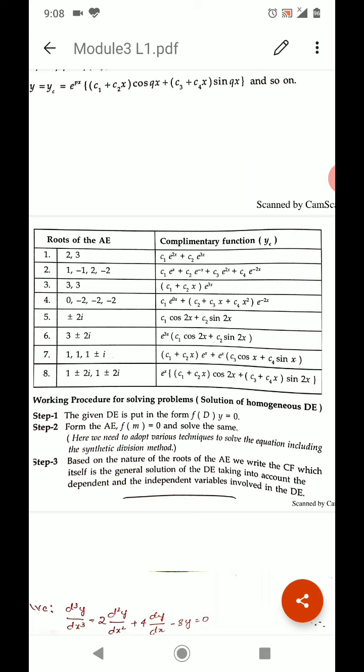So for 0, the complementary function becomes c1 e power 0x, and for the other three roots, minus 2, the complementary function is (c2 plus c3x plus c4x square) e power minus 2x. By adding those, we will get c1 plus (c2 plus c3x plus c4x square) e power minus 2x.